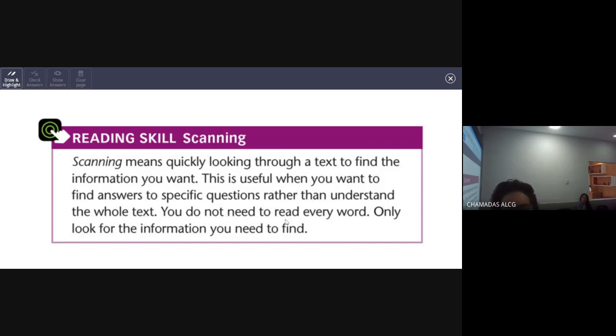You do not need to read every single word, bit by bit. No, it's not necessary, okay? Only look for the information you need to find. So let's practice a bit here.